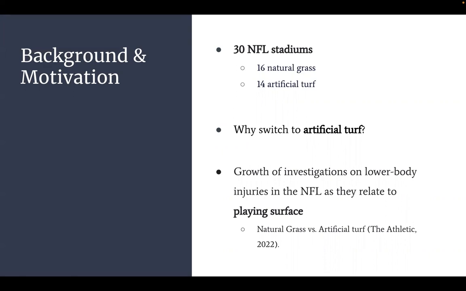It was found that natural grass will eventually give, which releases the player's cleat prior to reaching an injurious load. But on synthetic surfaces, there is less give, which means that players' feet, ankles, and knees absorb that force, which makes injuries much more likely to happen.